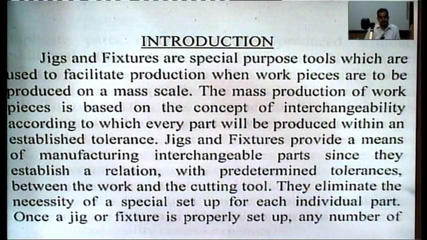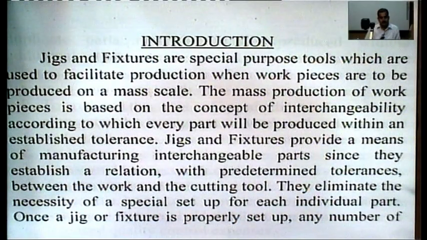These jigs and fixtures are basically special purpose tools which are used to facilitate production when workpieces are to be produced on a mass scale. The mass production of workpieces is based on the concept of interchangeability, according to which every part will be produced within established tolerances.